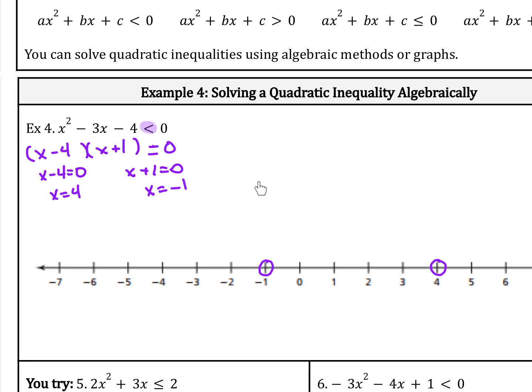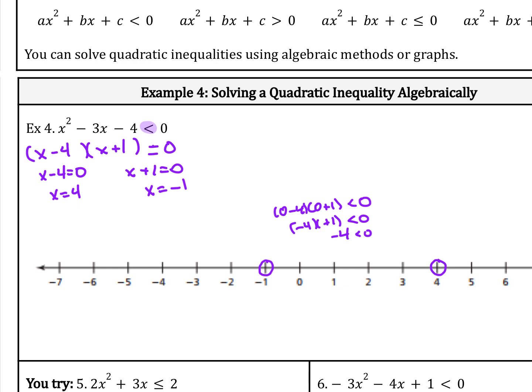You have a choice of either plugging it in before you factor, or you can plug it into the factored form. So we plug it into the factored form: 0 minus 4 times 0 plus 1, is that less than 0? We have negative 4 times positive 1.